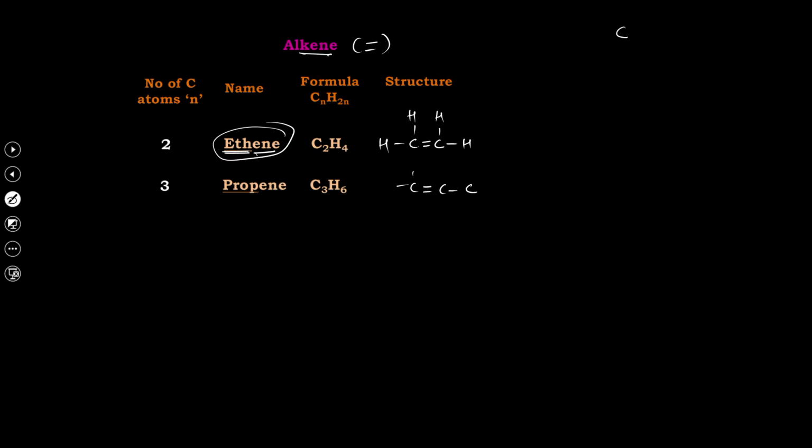This carbon has formed 3 bonds, so it will form one more bond with hydrogen, and this carbon will form 3 bonds with 3 hydrogen atoms. Okay. So, this is the structure of propene.